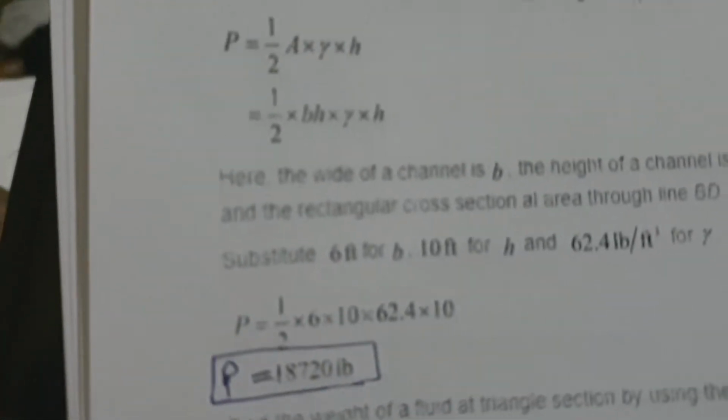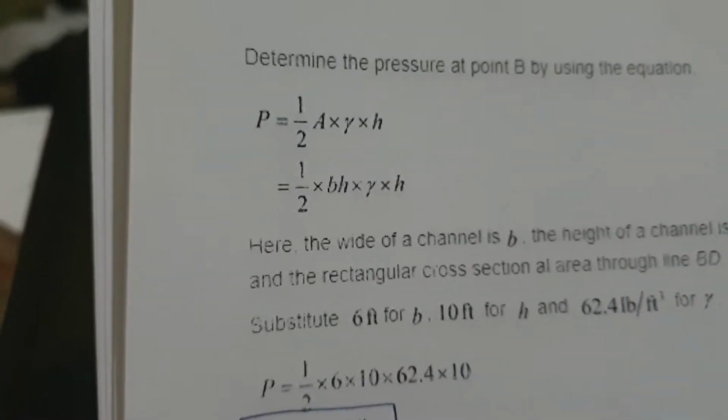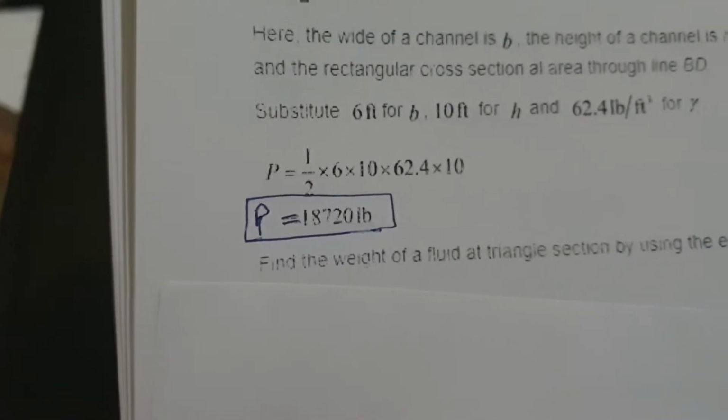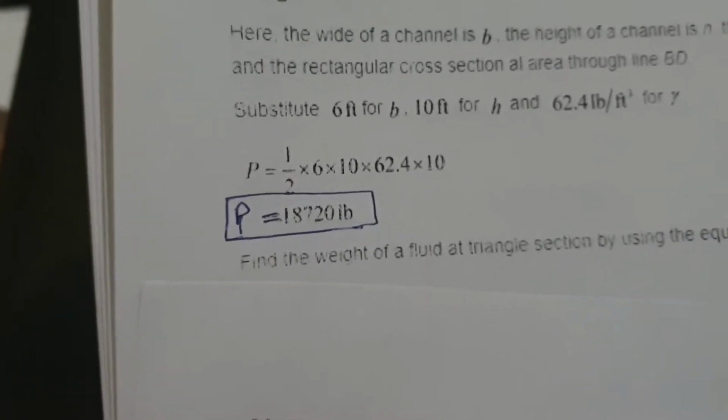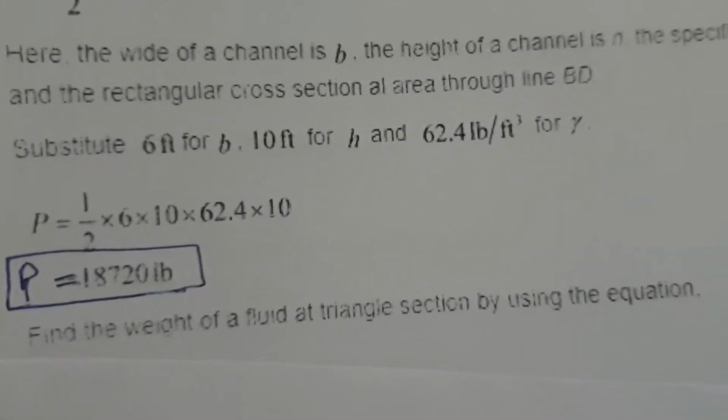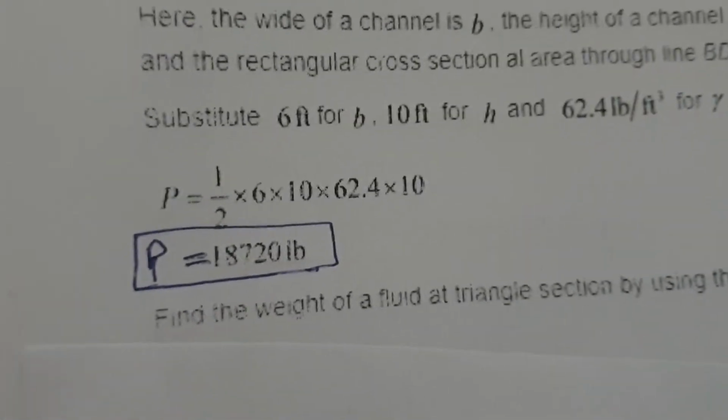So 1/2 BH times gamma times H. So 1/2, 6, the depth, times 10, the height, times gamma. Gamma is the specific weight for water, pounds per cubic foot. This is fixed.